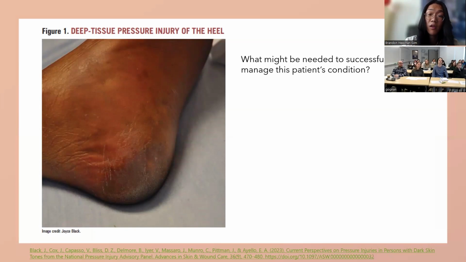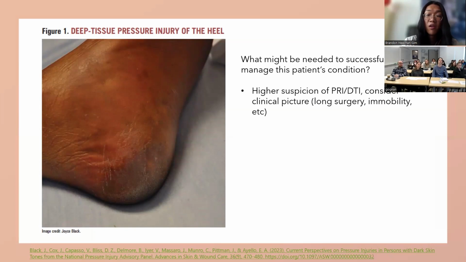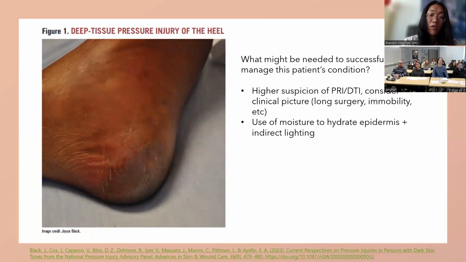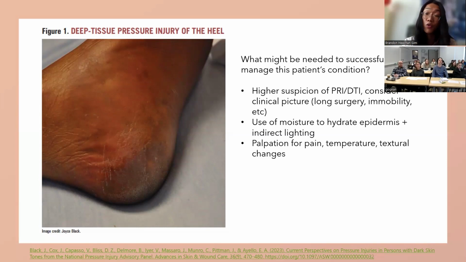I'd start with a higher suspicion of pressure injury or deep tissue injury, using moisture because that skin looks a little ashy, to get an accurate sense of the color. Palpating for pain, changes in temperature, probably cooler since they're having a deep tissue injury, and textural changes, like softer underneath versus the other areas. Yeah, some things to consider.